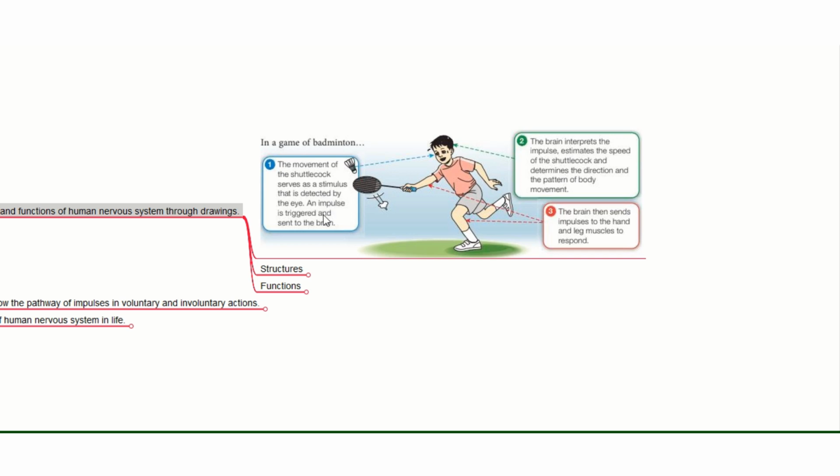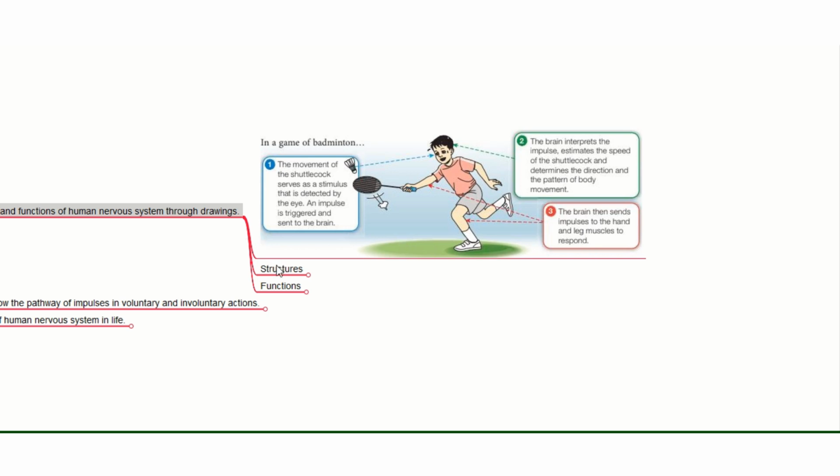An impulse is triggered and sent to the brain. Then the brain interprets the impulse, estimates the speed of the shuttlecock, and determines the direction and the pattern of body movement. And lastly, the brain sends impulses to the hand and leg muscles to respond.